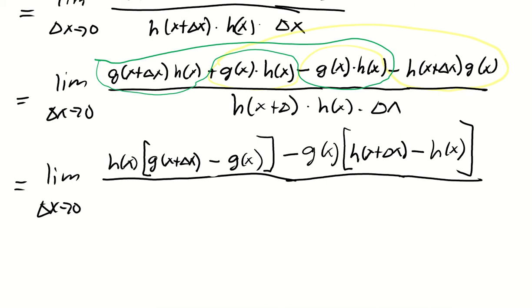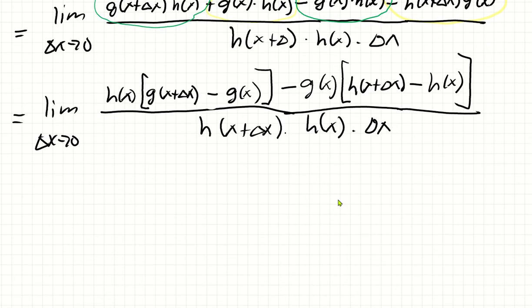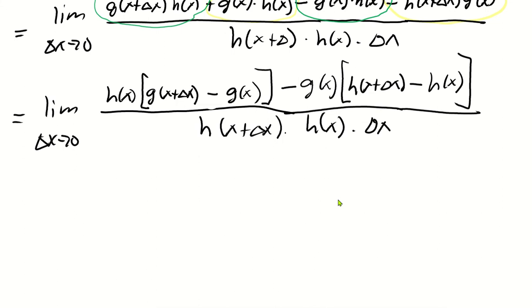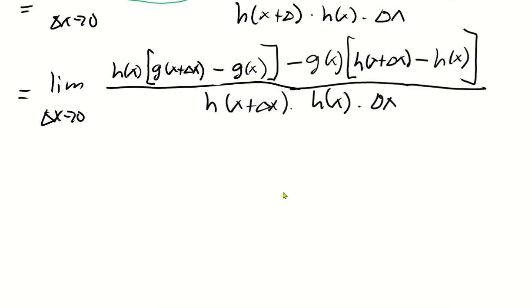Then we continue, times h of x times delta x. Now we can separate them, but we have here h of x plus delta x and h of x, so it's fine.